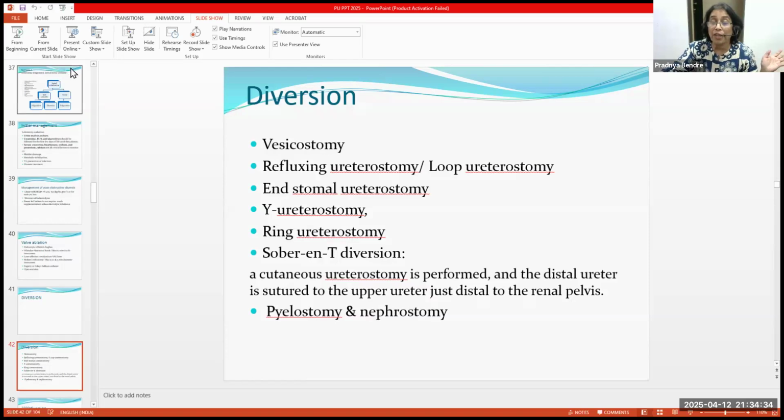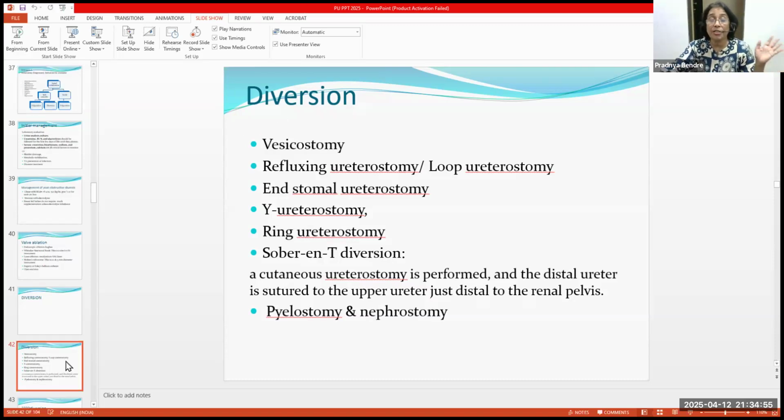Getting rid of infection in an obstructed system is extremely difficult, especially when one of the kidneys is less functioning or non-functioning. It is next to impossible to get rid of the infection. There the option of diversion is unequivocal.